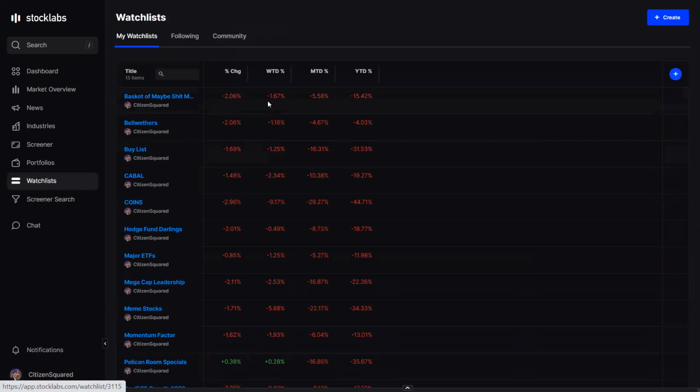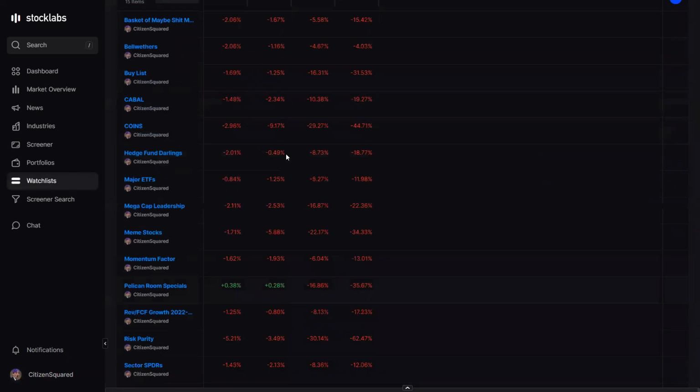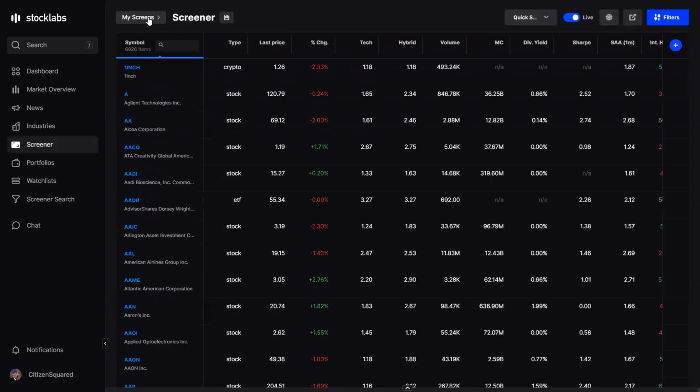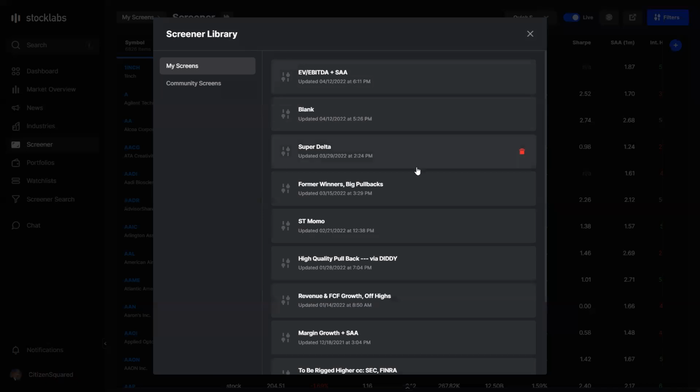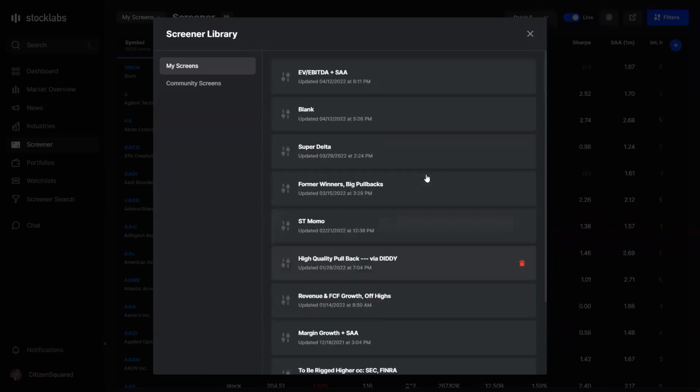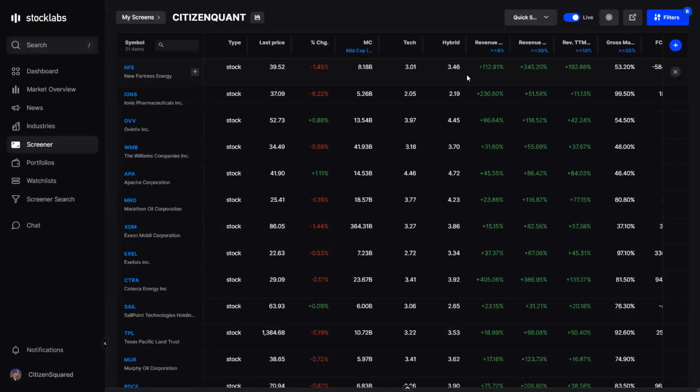Watch lists look the same as the portfolios list, but you can just dump anything that you want to keep an eye on here, however you're managing your watch list. I'll show you from Screener. You can directly save. Okay, let me just go to one of my screens. Okay, let's go to this quant screen.